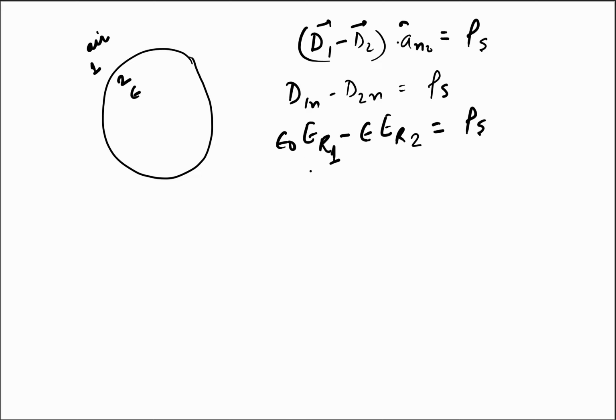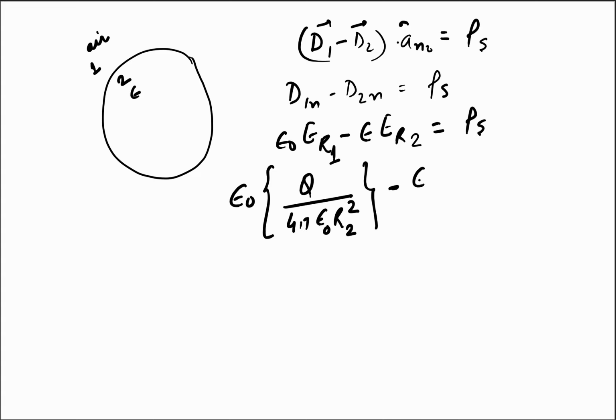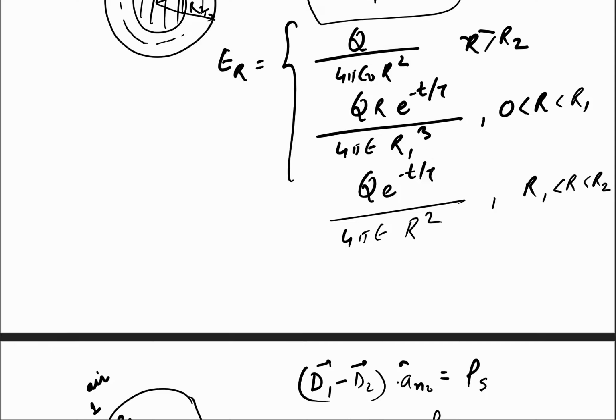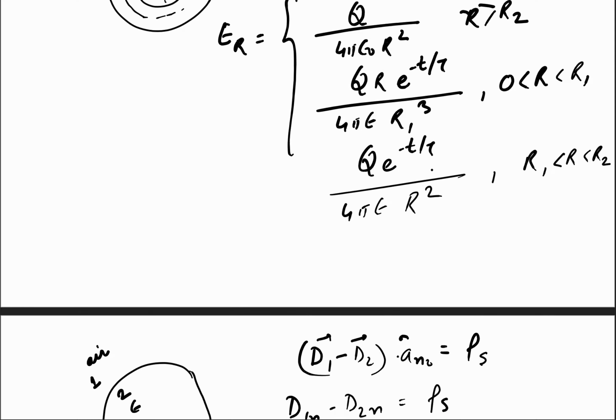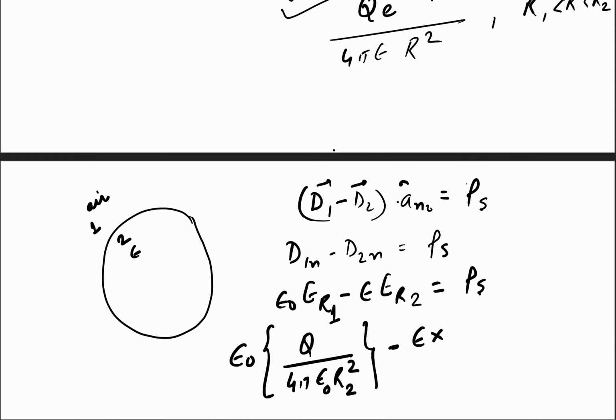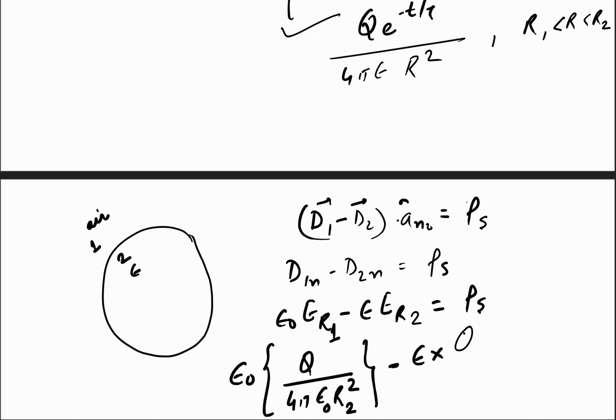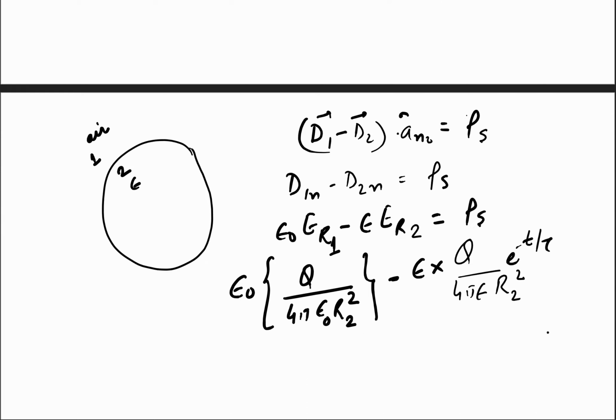Now we will put the value from the previous slide. E_r1 is simply Q over 4 pi epsilon naught r2 squared, and this value is simply epsilon, from this slide, Q over 4 pi epsilon r2 square e to the minus t over tau.